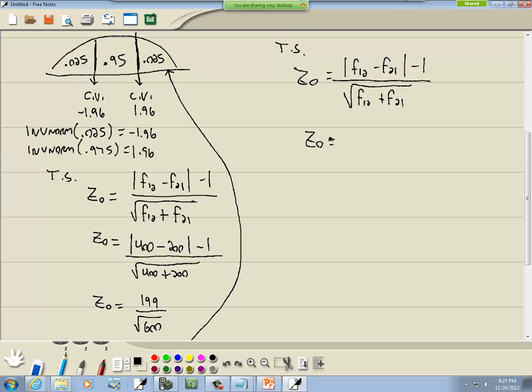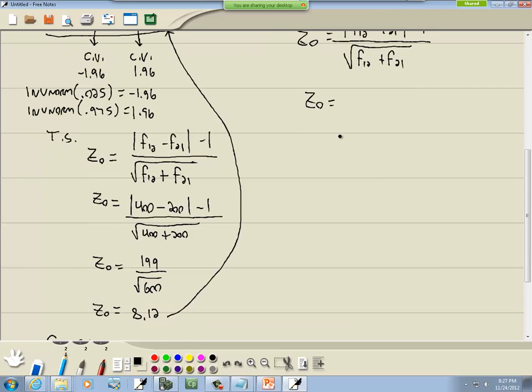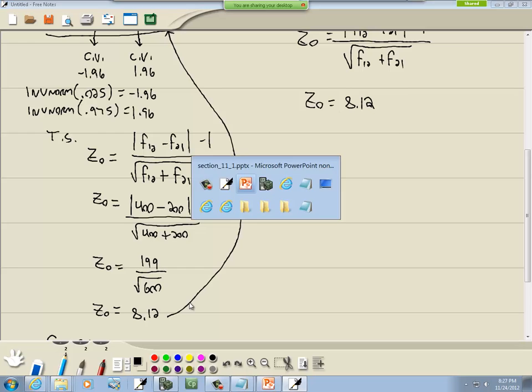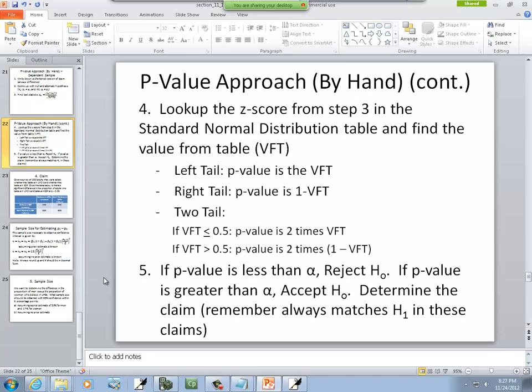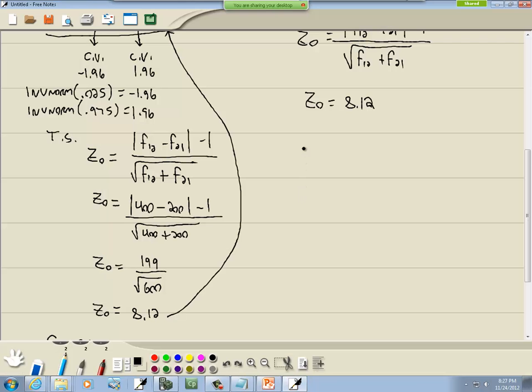I'm not going to plug those numbers in. They're the same as the other one. We get 8.12 again. There we go. Okay. Then it says look up the z-score from step 3 in the standard normal distribution table and find the value from the table.